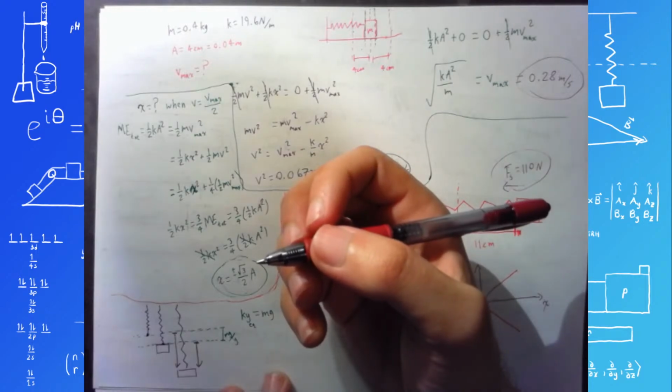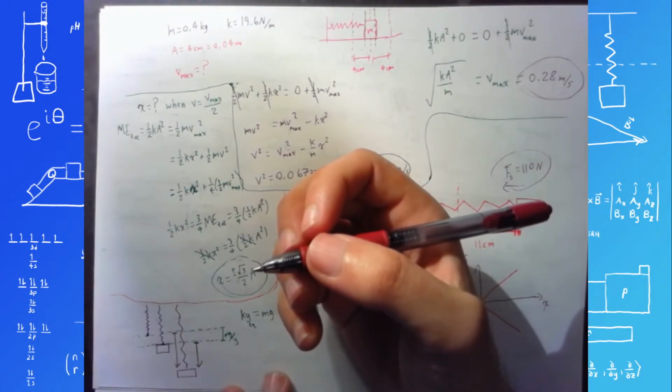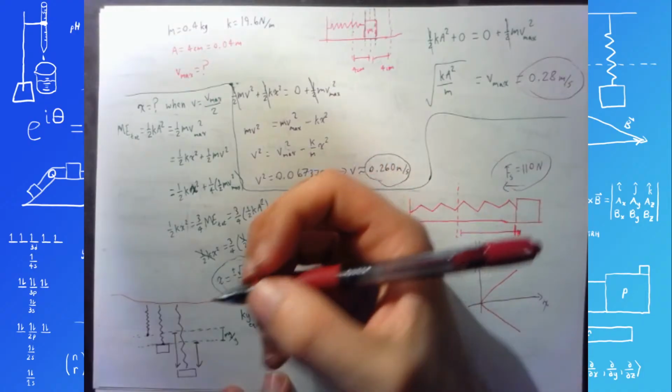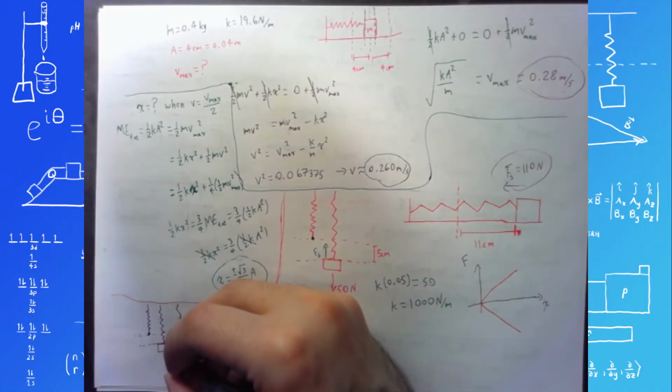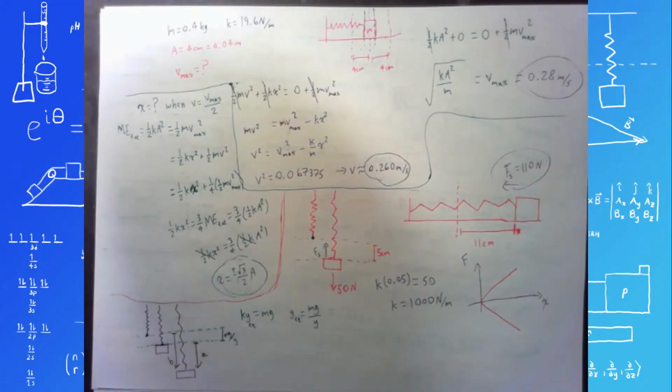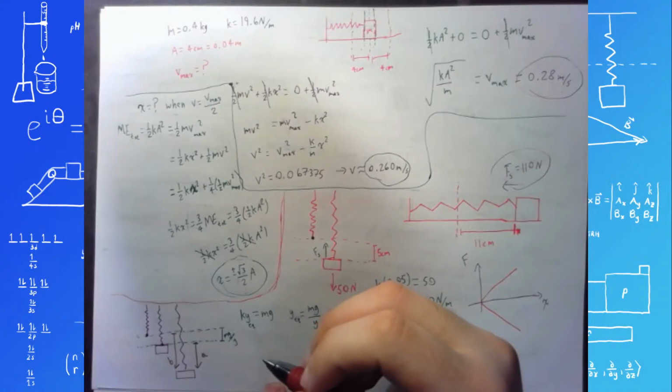So I guess we will call them, what do we want to call them? I'll call this one A, and I'll call this one B. And let's go ahead and see what we can do with this.